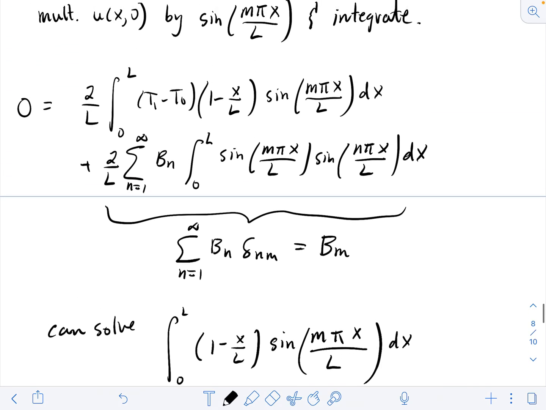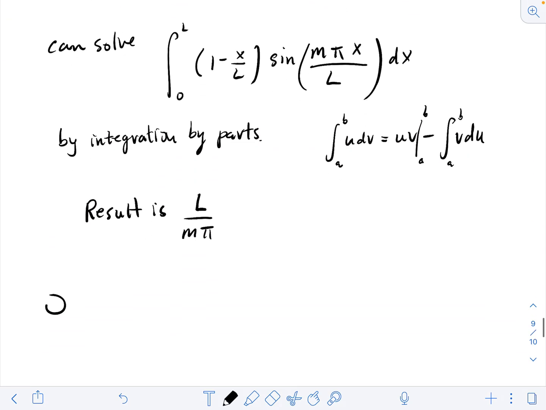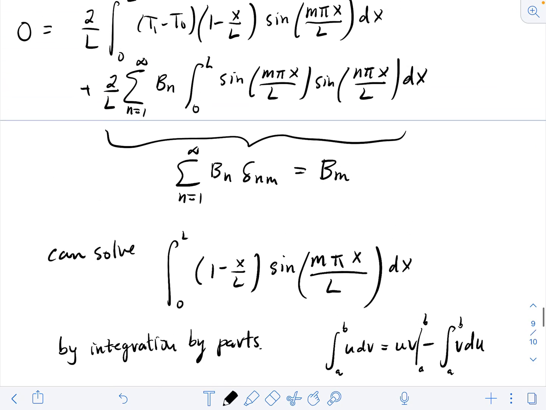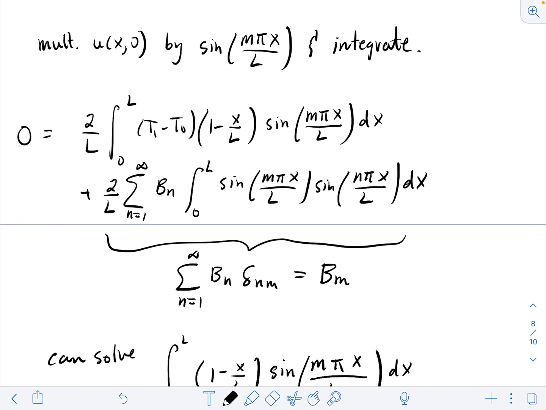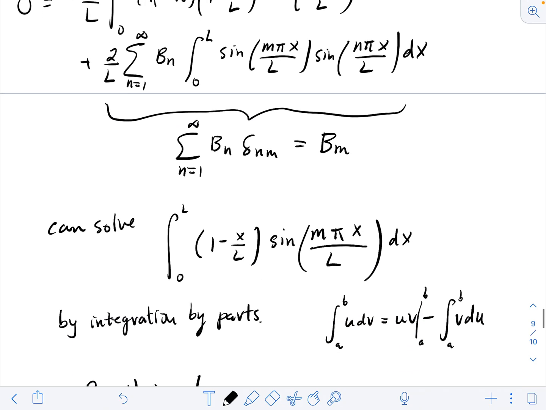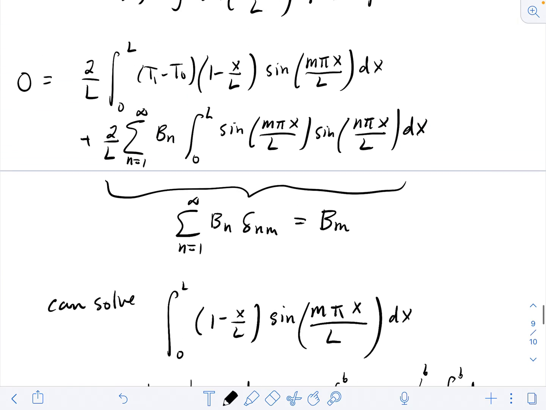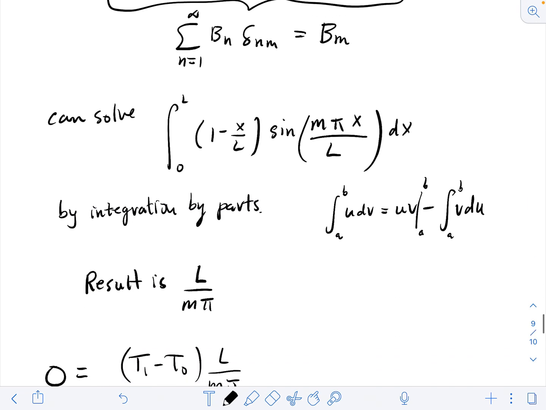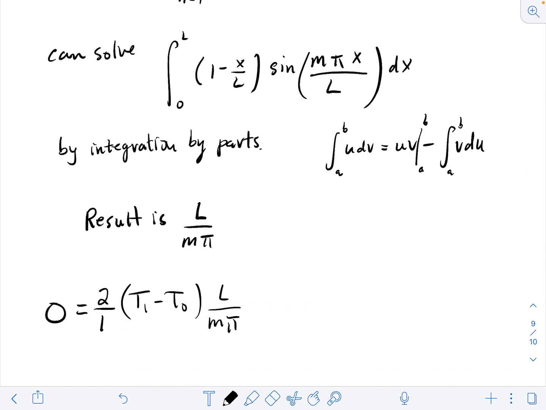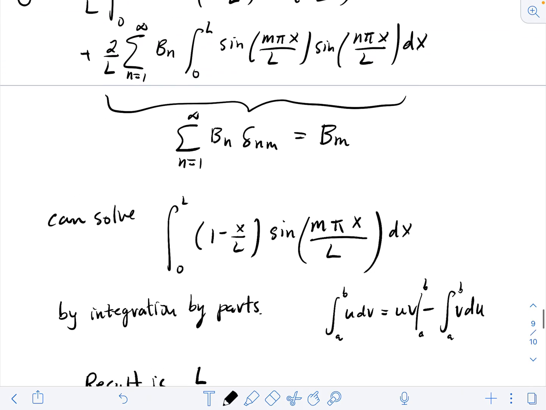So finally, if we combine all of this, we have 0 is equal to t1 minus t0, and then that integration by parts that we just did. The integration by parts gives us L over m pi, and then we still have a 2 over L out front. You can see what's going to happen: the L is going to go.